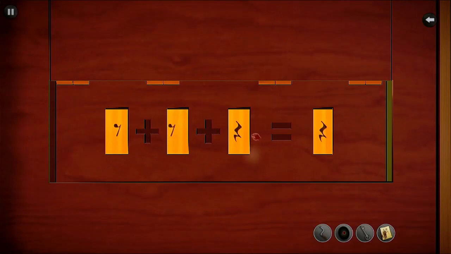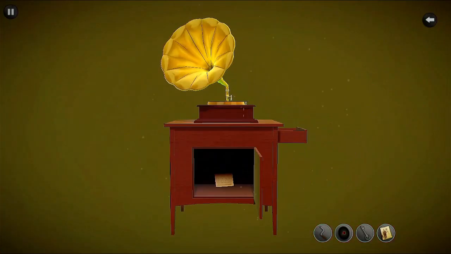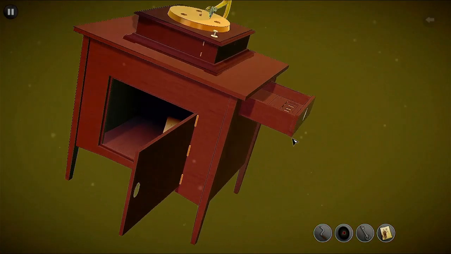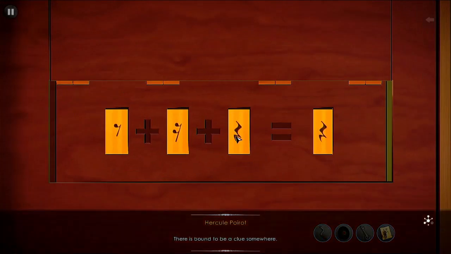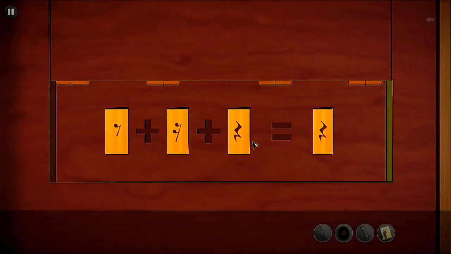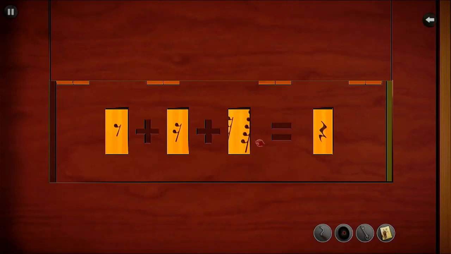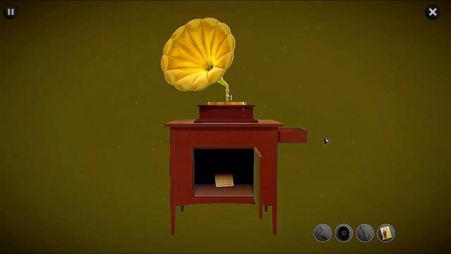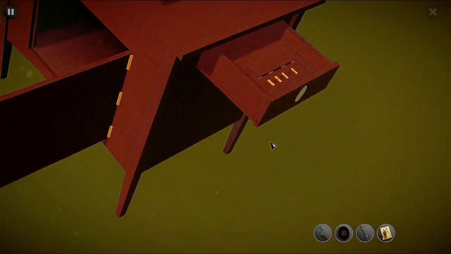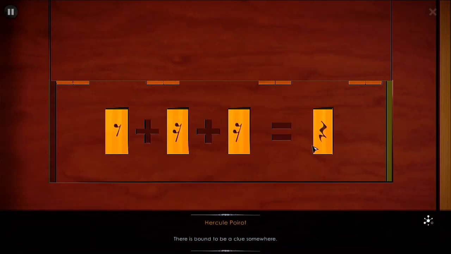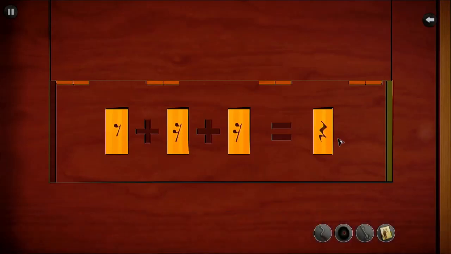What we're going to do is 2 of those. Plus... that right? Is that right or is it wrong?